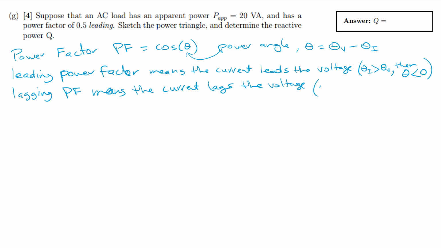So that means the phase angle of the current is less than the phase angle of the voltage, because the current is lagging. Then theta is greater than 0, theta is positive. Again, the lagging refers to what the current does with respect to the voltage. The current lags the voltage. That's where those terms come from.